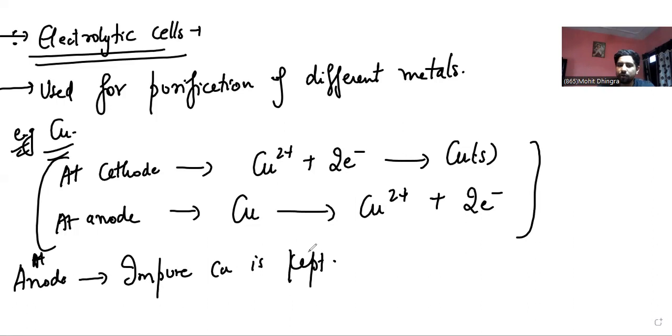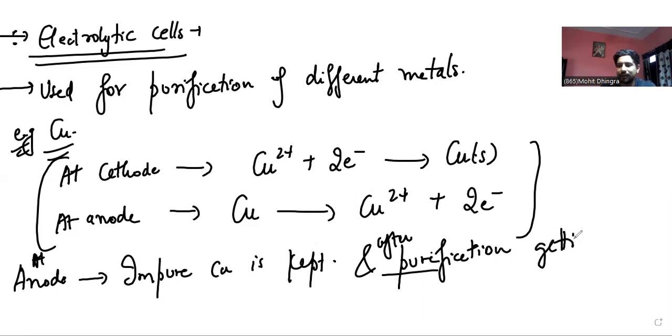This impure copper at the anode, as oxidation happens, will move to the cathode, and at the cathode it will regain the 2 electrons and reduce into copper. The impure copper kept at the anode is getting pure, and after purification it is getting deposited at the cathode.